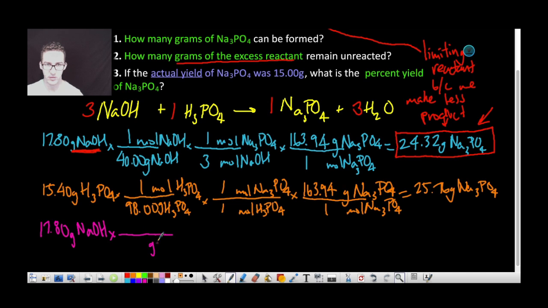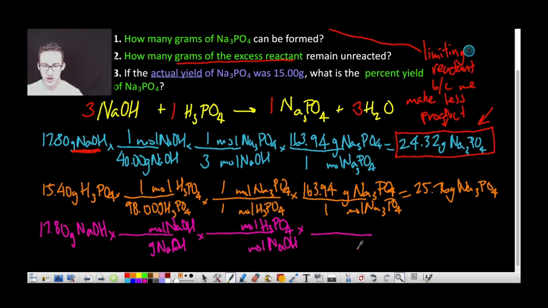So we're going to go from grams of sodium hydroxide to moles of sodium hydroxide, and then from moles of sodium hydroxide to moles of our other reactant, our excess reactant, which in this case is the phosphoric acid. And then from moles of phosphoric acid, we'll go to grams of phosphoric acid.